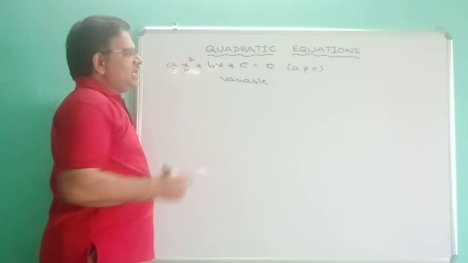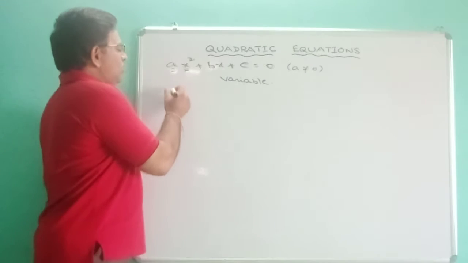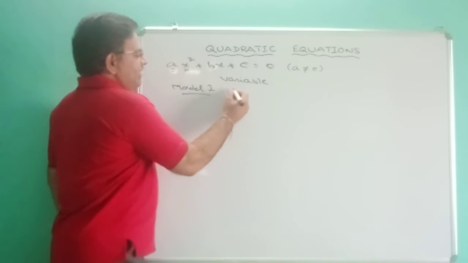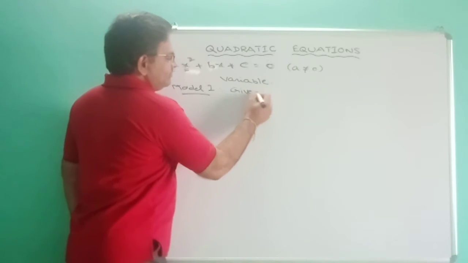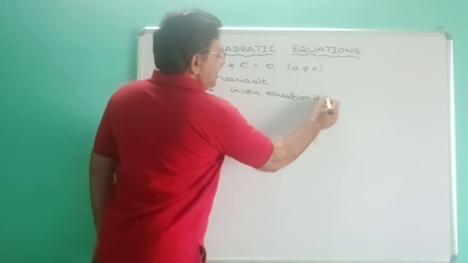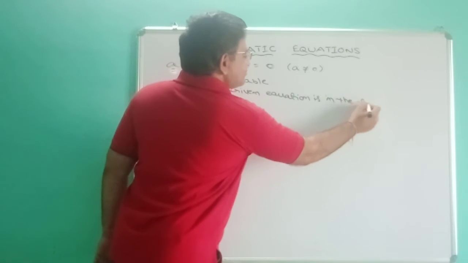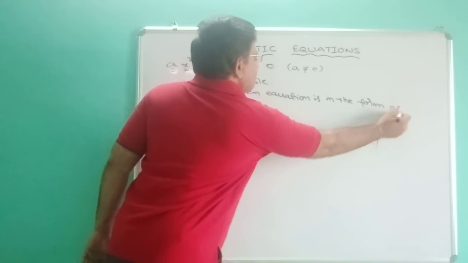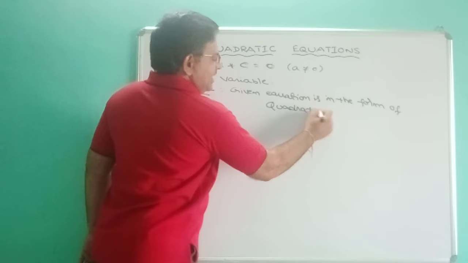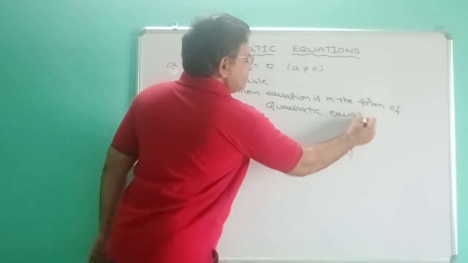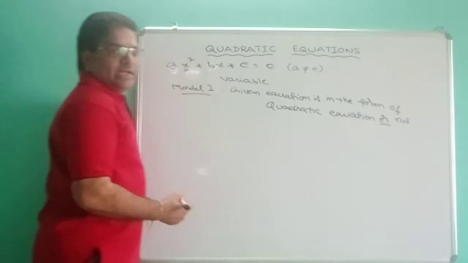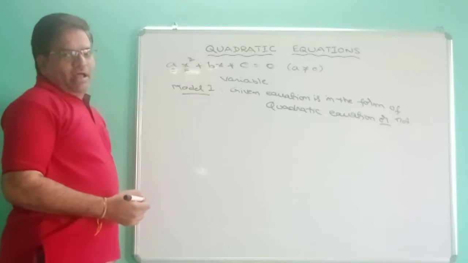First in this section, what is the first model? Model 1 means: given equation is in the form of a quadratic equation or not.